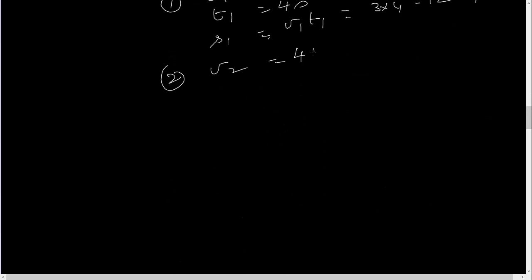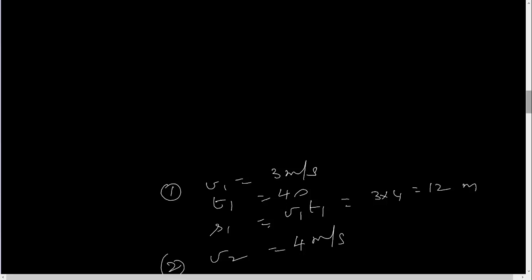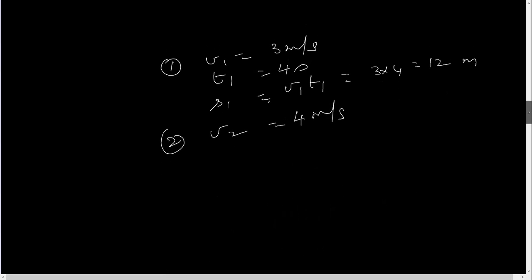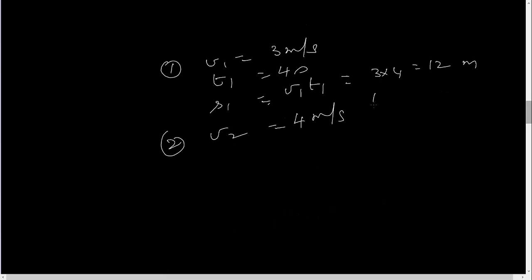V2 is 4 meter per second. And T2 is 5 seconds. Therefore, S2 will be equal to V2 T2 equal to 4 into 5 equal to 20 meter.